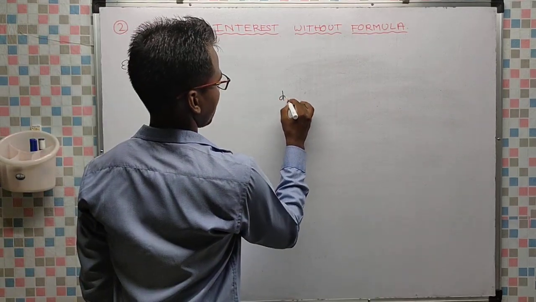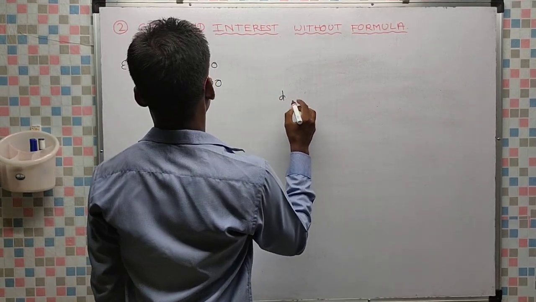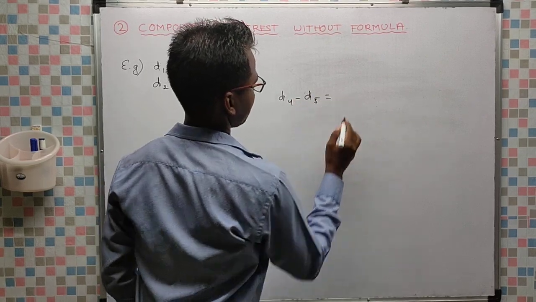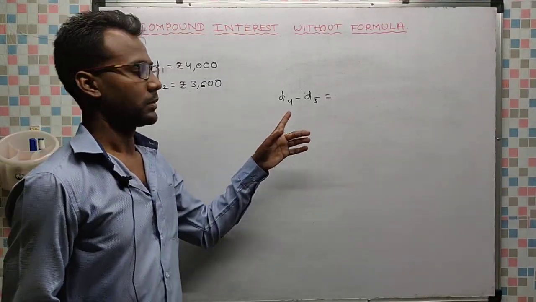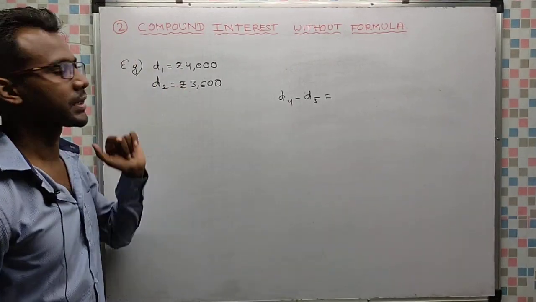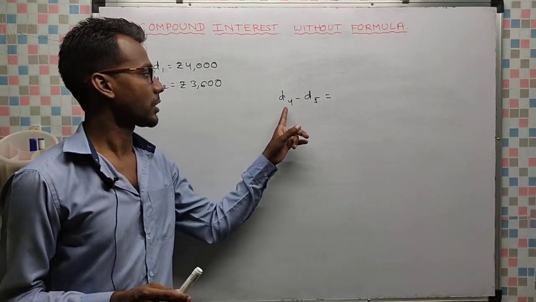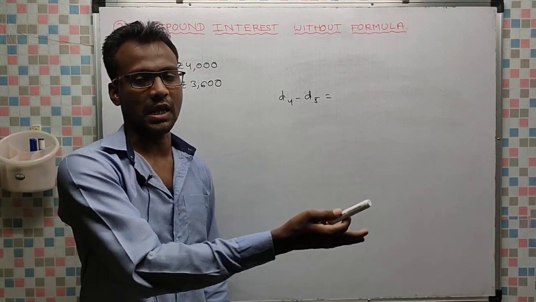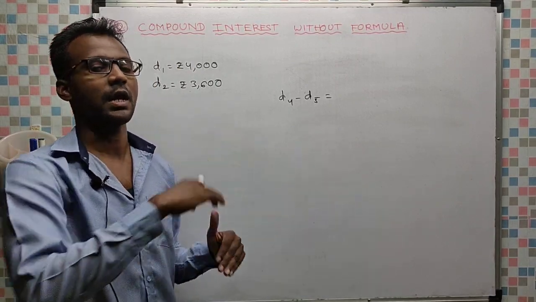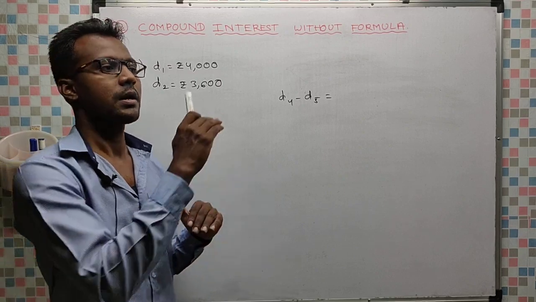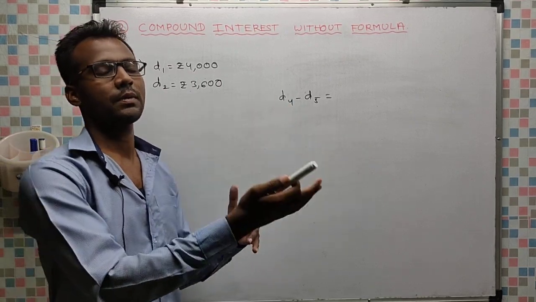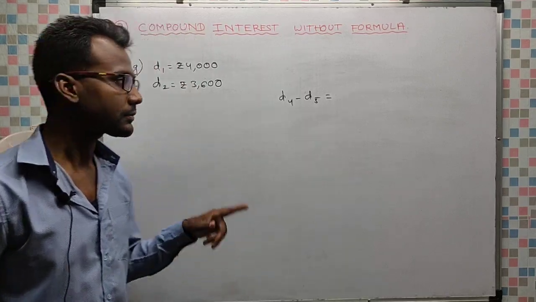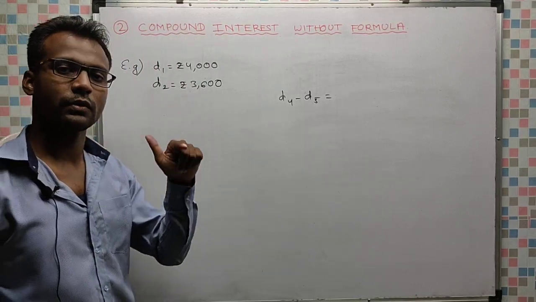suppose you take D4 minus D5, the depreciation goes on decreasing. I have not done D5 minus D4. In case of interest, I5 minus I4, I7 minus I6, because interest goes on increasing, but depreciation goes on decreasing.